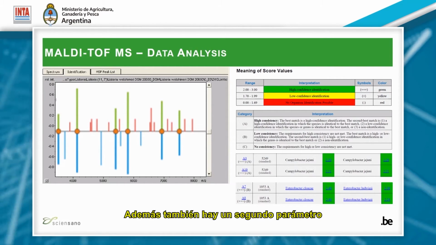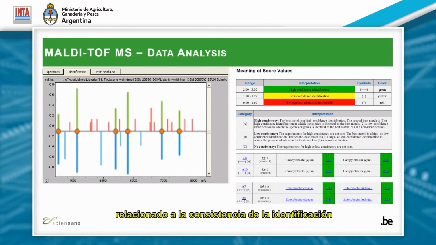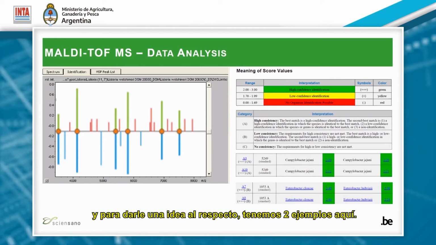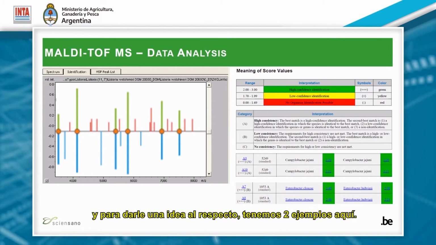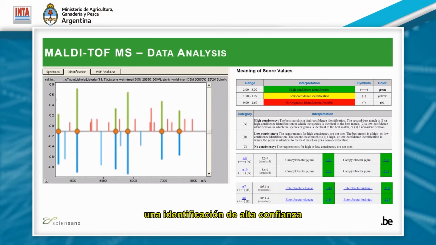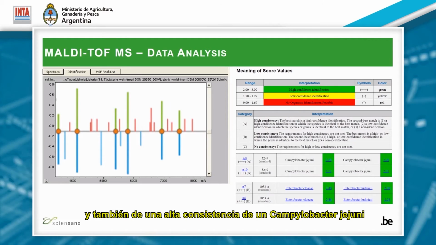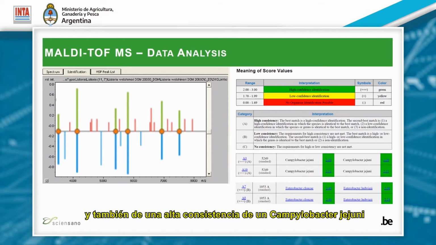Now, there's also a second parameter, which refers to the consistency of the identification. To give you an idea about that, we have two examples here. On the top, you have a high confidence and also high consistency identification of, for example, a Campylobacter jejuni.